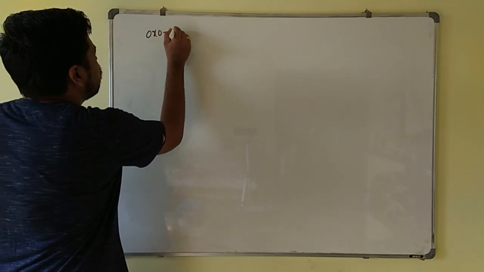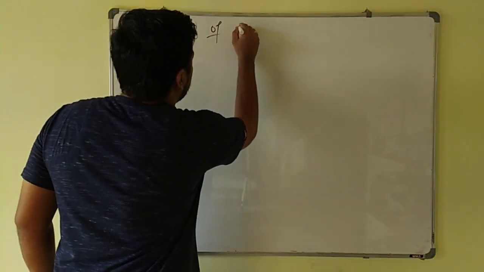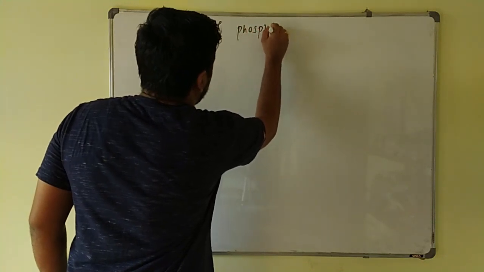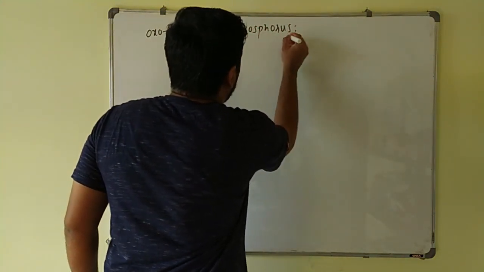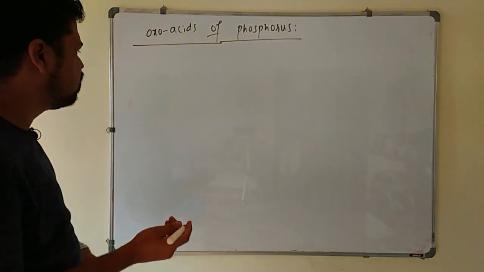Oxoacids of phosphorus. Phosphorus forms a number of oxoacids. We will see that.